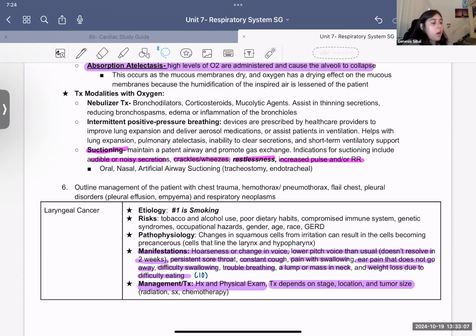And then when you're talking about compromised immune systems, genetic syndromes, occupational hazards, gender, age, race, we're talking about things that are out of our control, but at the same time, you're more exposed to all of those carcinogens. So with the patho for that, it's just changes in your squamous cells from irritation that can result in the cells becoming precancerous, and then obviously they can become malignant after that.